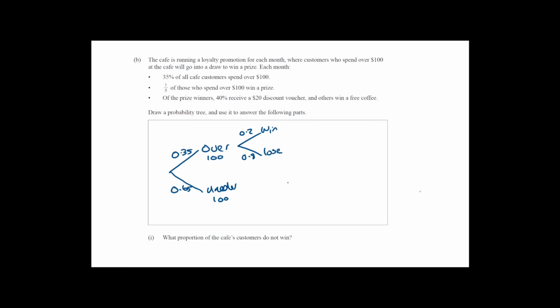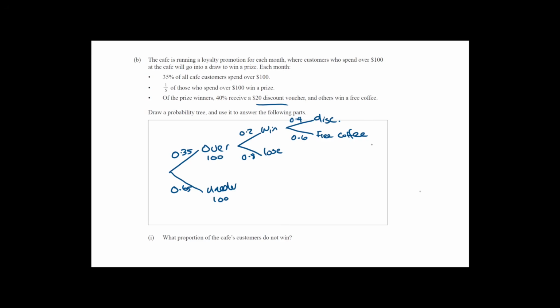Of the prize winners, 40% receive a discount, and free coffee. So even if you do win, you win a pretty scummy prize as well. So you've got to buy something anyway. Okay, and then that means that 60% receive a free coffee. Wow, spend $100 and you may win a coffee.